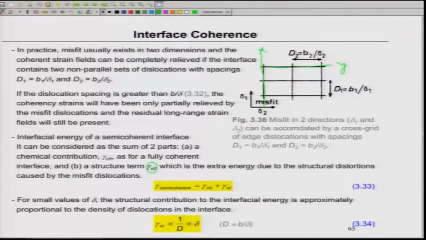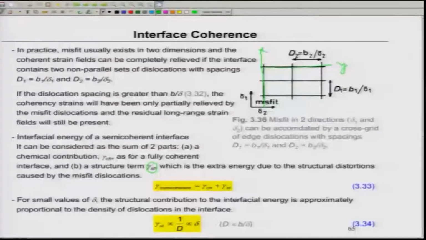Now, the chemical part is obviously because of the change of bond type. AB bonds are the main bonds across the interface. But the structural part, gamma st, for small values of delta, the misfit, is approximately proportional to the number of dislocations, or density of dislocations. Obviously, the more dislocations, the more dislocation core, and the more energy in the structural part. That is understandable.